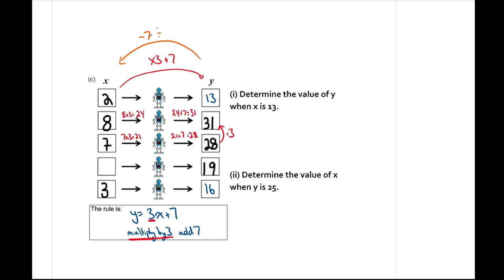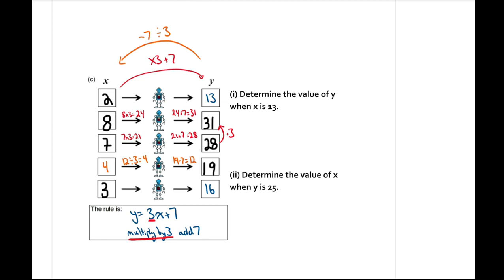Then instead of multiply by 3, I'm going to divide by 3. So let's do that for 19. 19 minus 7 equals 12. Then 12 divided by 3 equals 4. So that's my missing x value, or my missing input value. Same rules apply: we're going in reverse, doing the opposite of our rule.